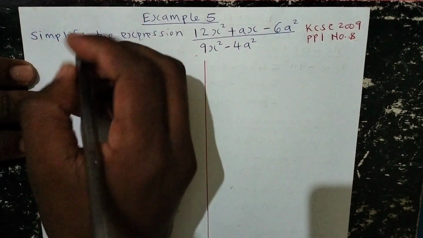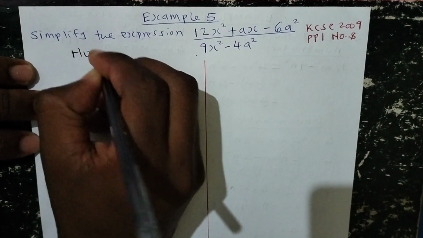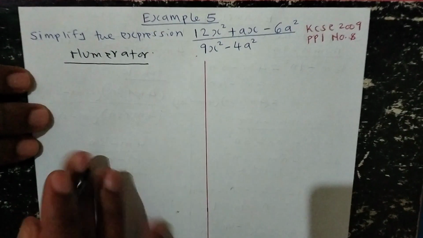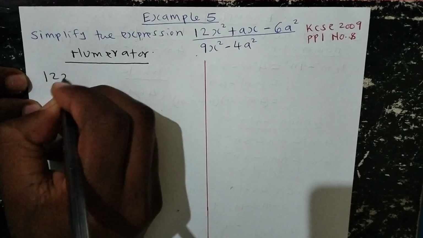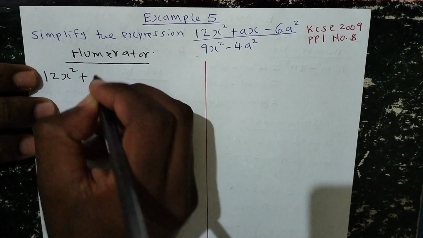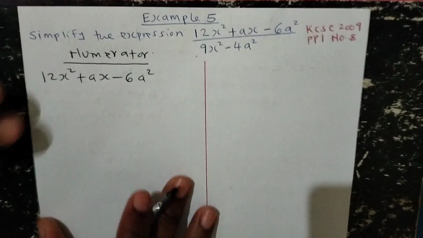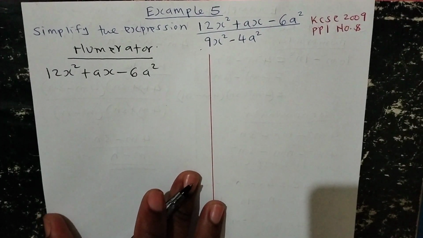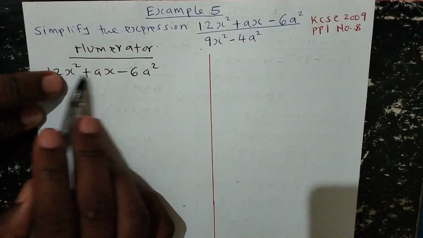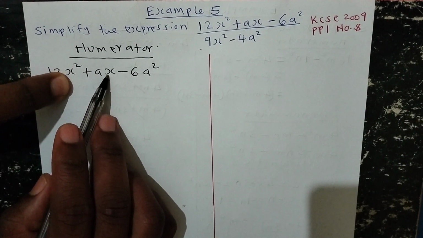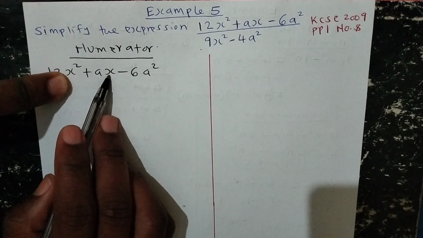So let's start by handling the numerator. For the numerator, we are given 12x squared, then plus ax, then minus 6a squared. Again, clearly, this is a quadratic expression. If I pick x to be my variable, then the term that does not have x will be treated as a constant.